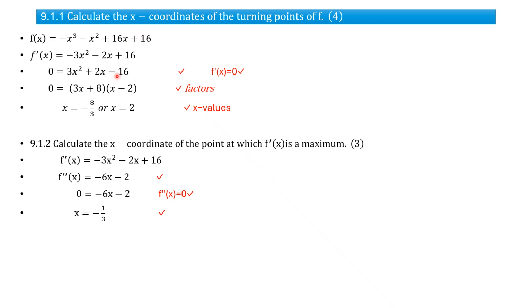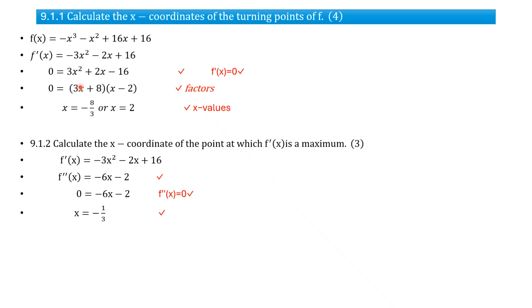We must equate the first derivative to 0. So we give you 1 mark for the first derivative and 1 for equating the first derivative to 0. Then we're required to find the factors. So 3x squared, 3 is a prime number, can only be 3x times x. Factors of 16 I must use in such a way that I get to 2. So positive 8 times negative 2 gives me negative 16.